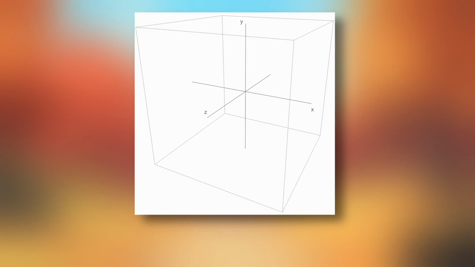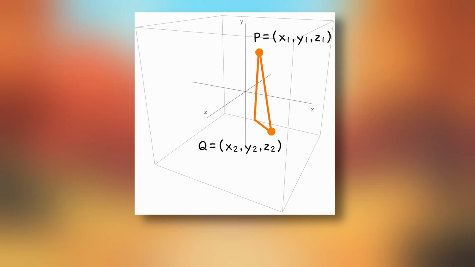So let's say we have a point here, which we'll call P, and it has coordinates x1, y1, z1. And we pick a second point somewhere else in space, which we will call Q, and it has coordinates x2, y2, z2. Now here, if we were to connect these 2 points in 3D space, you can make a right triangle again.